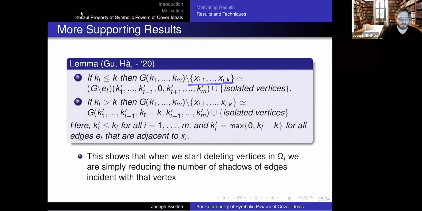If you delete enough of these, you remove the edge from the original graph, and you no longer need to worry about it. If the edge is copied enough times, you simply reduce the associated K by however many copies of your vertex you deleted. So this shows that when we start deleting vertices in omega, we're really just reducing the Kis throughout the graph.